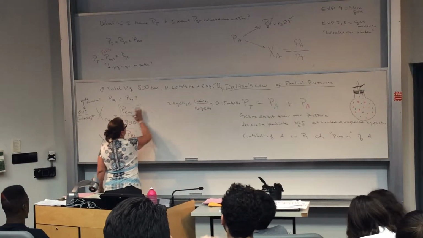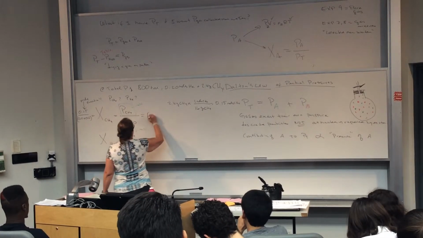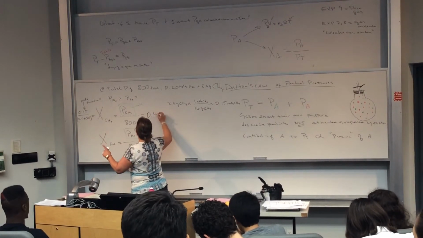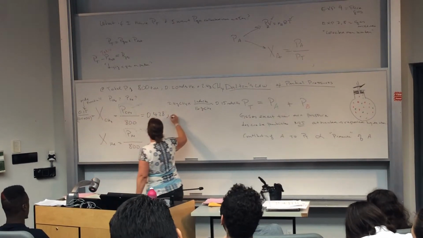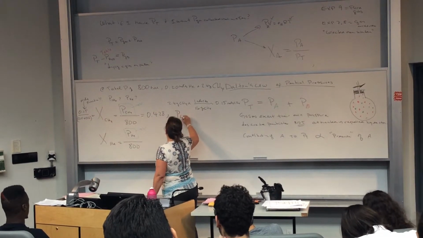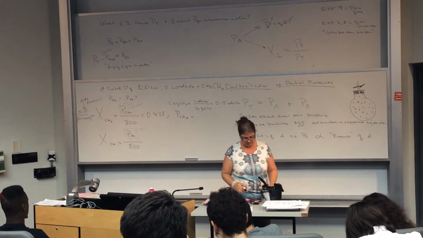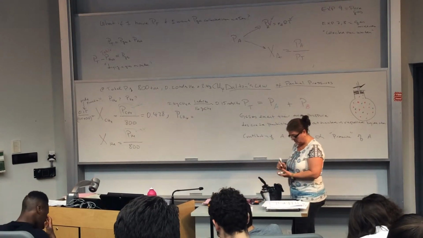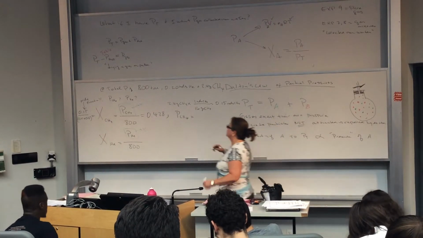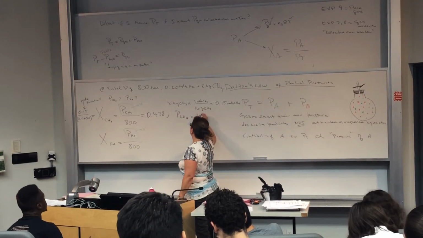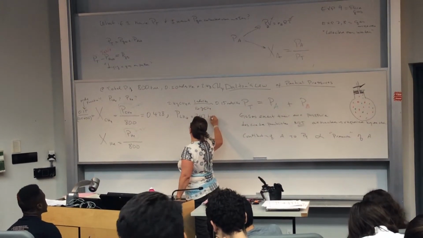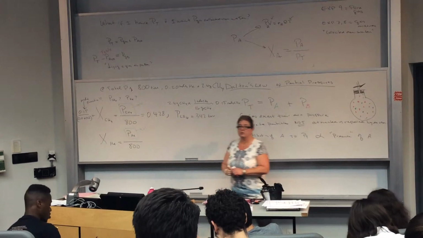Now solve for the pressure of methane. 342. And what units are these? Torrs.